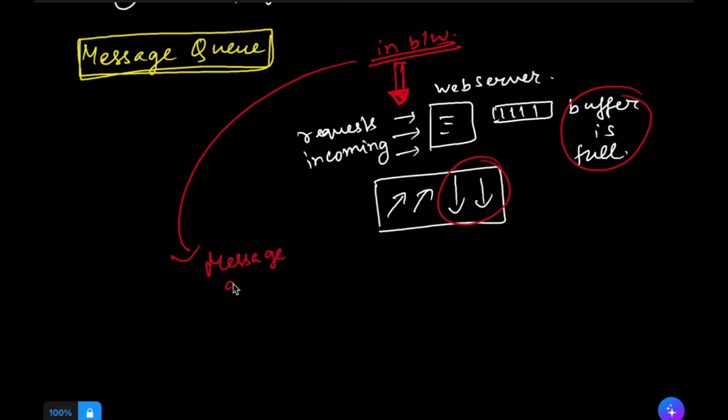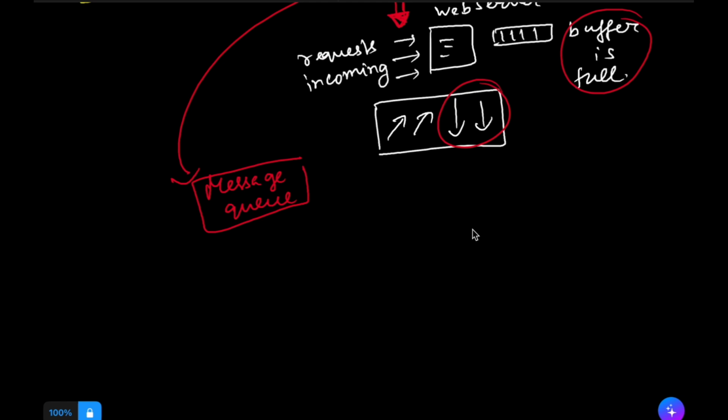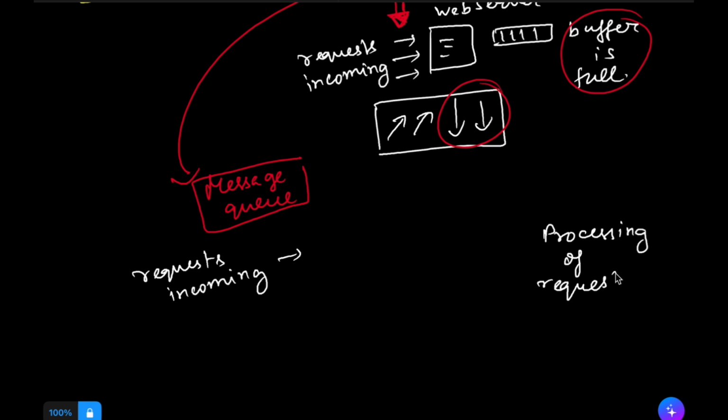So what is the role of a message queue? In the message queue, the requests which are coming, and the processing of requests by the web server, these two things are now independent.